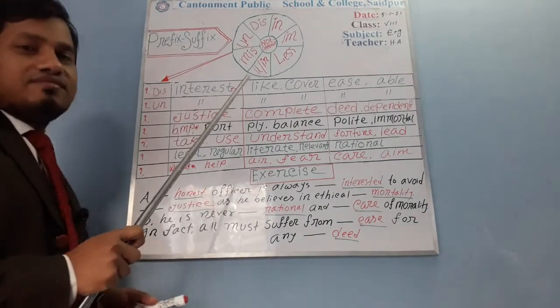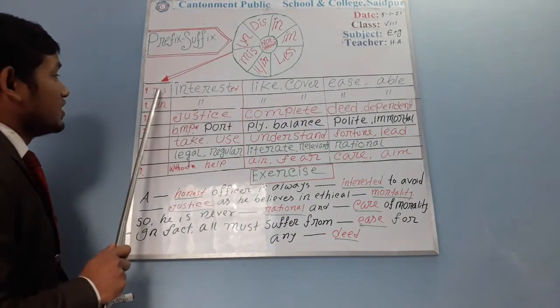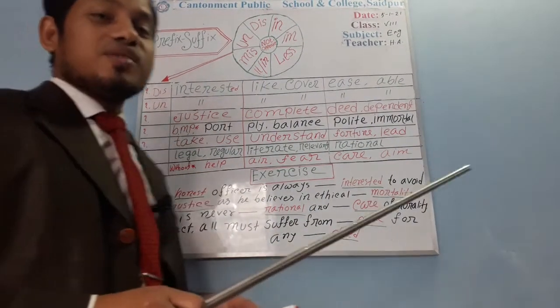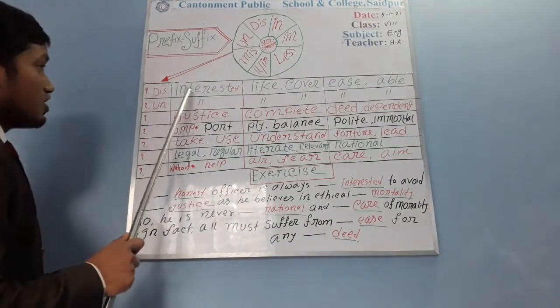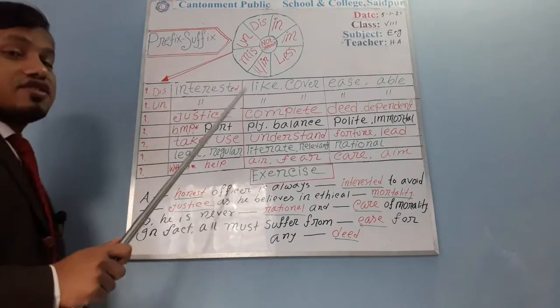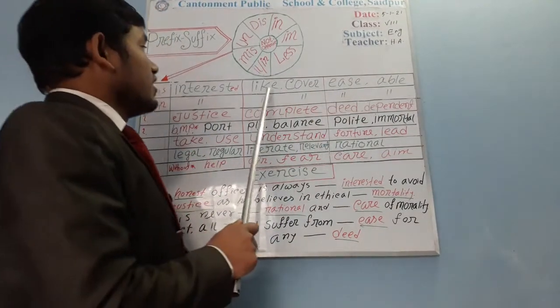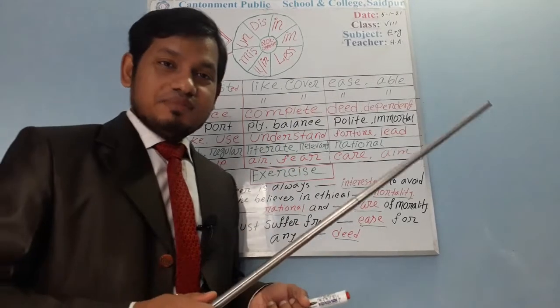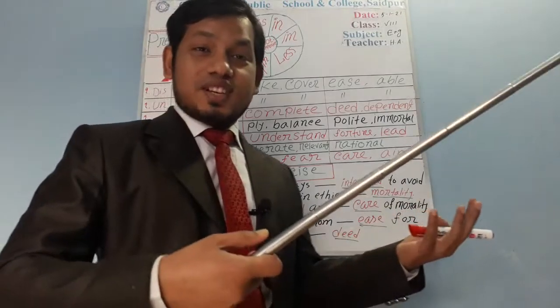Interested means partial, but disinterested means what? Impartial, not partial. Dislike means here the same, not like. Ease means comfort, unease means not ease.